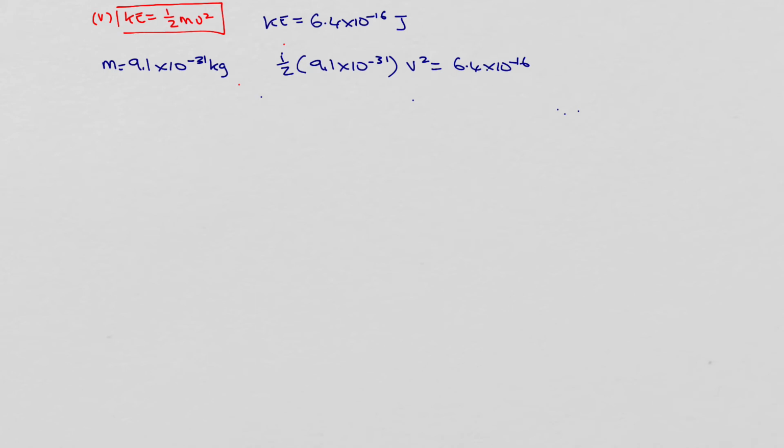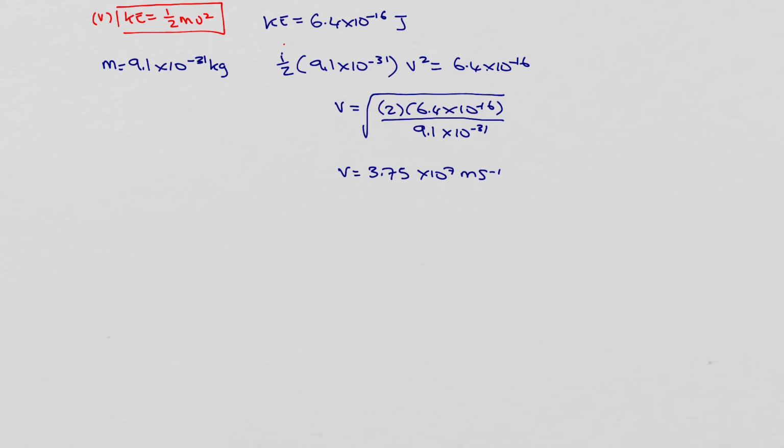So if I multiply across by 2 and divide across by the mass of the electron, we get 2 times 6.4 by 10 to the power of minus 16 divided by 9.1 by 10 to the power of minus 31. And of course, that's equal to v squared. So if I want v, I will then get the square root of both sides. And that gives me a velocity of 3.75 by 10 to the power of 7 meters per second.